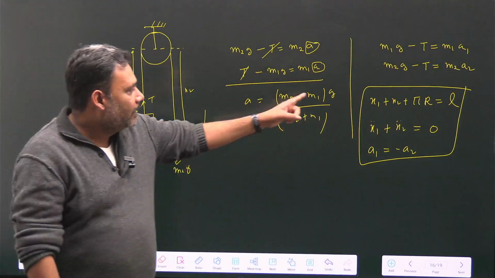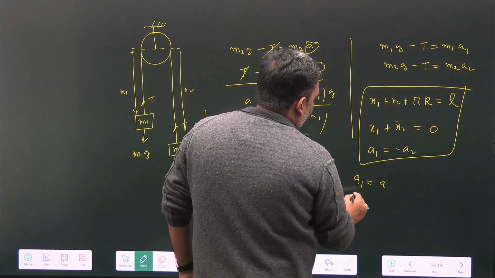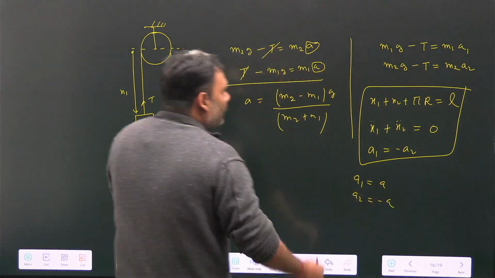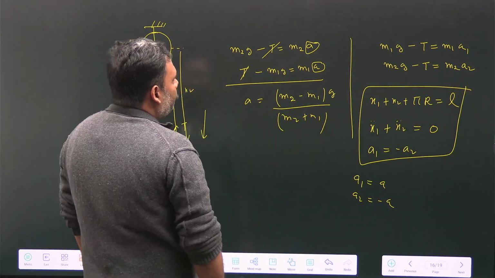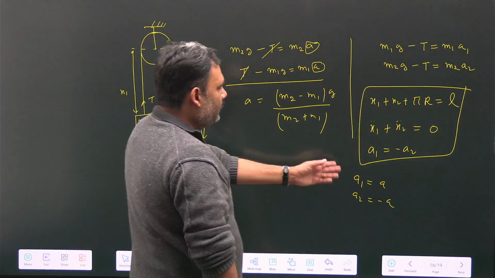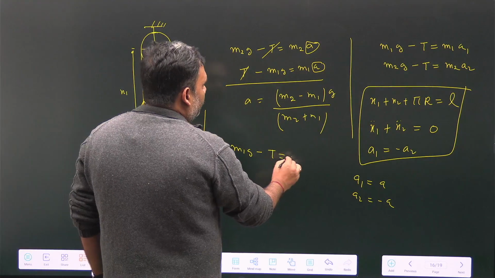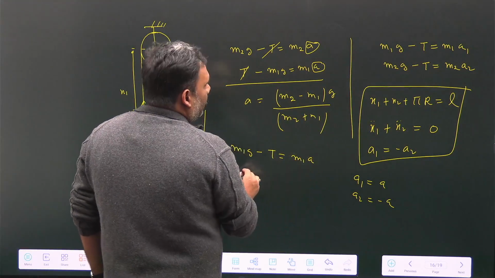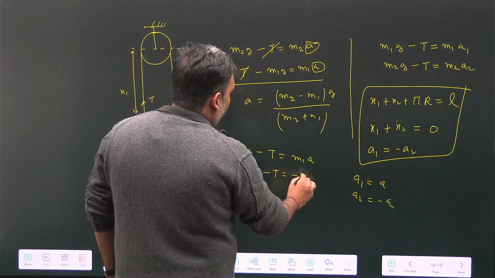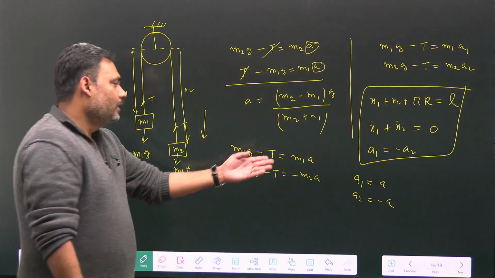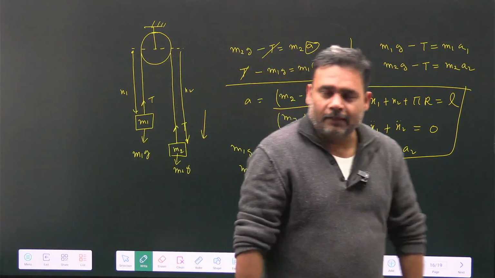Then I can easily solve: put a1 equal to a, then a2 equal to minus a, and I will get exactly the same equation, isn't it? You get m1g minus T is equal to m1a, and m2g minus T is equal to minus m2a, and now you can easily solve this problem. You will land at this particular point itself.